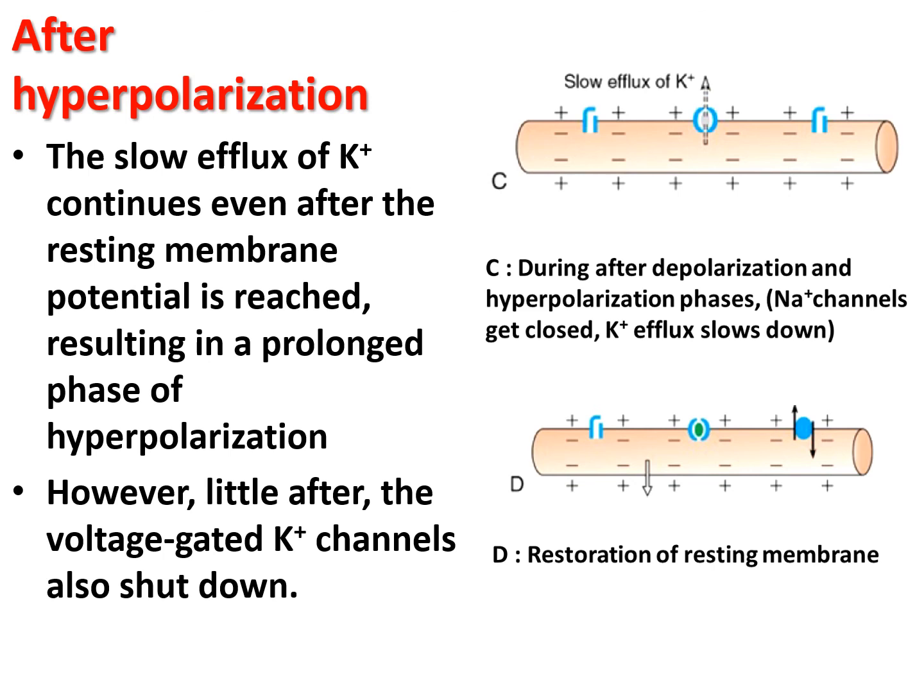The final ionic distribution is brought to the resting state by the action of the sodium-potassium pump and leak channels. So during the after depolarization and hyperpolarization phase, the sodium channel gets closed and potassium efflux slows down, and this is a restoration of the resting membrane potential.